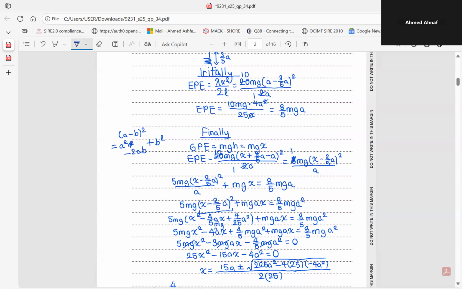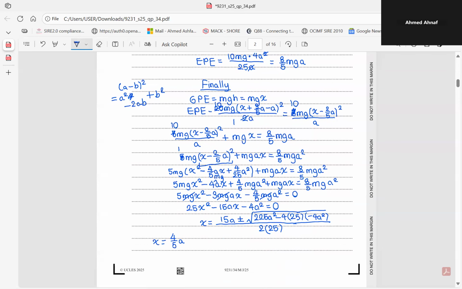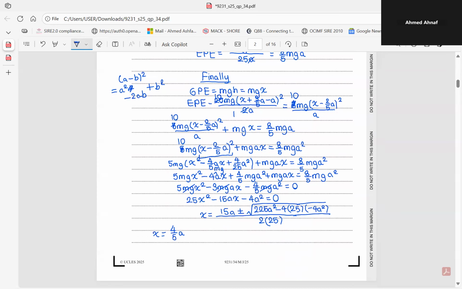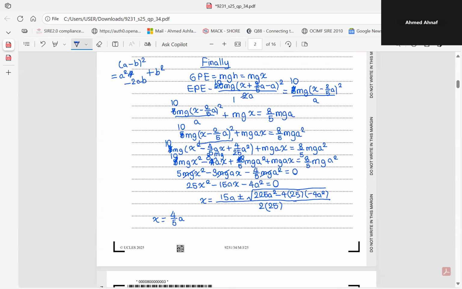So this is actually 10 mga, not 5 mga. 10 times, this is twice, right? Yeah, a squared. And then this is 8 over 5 mga squared.